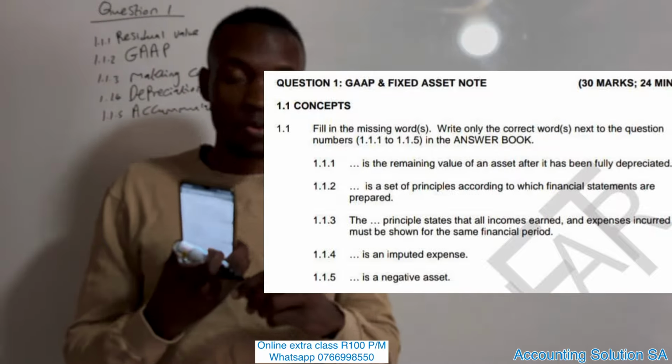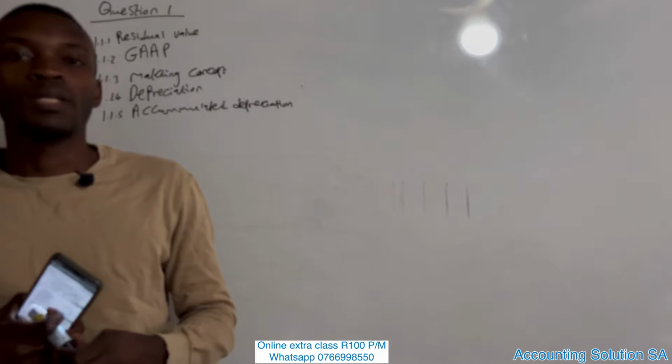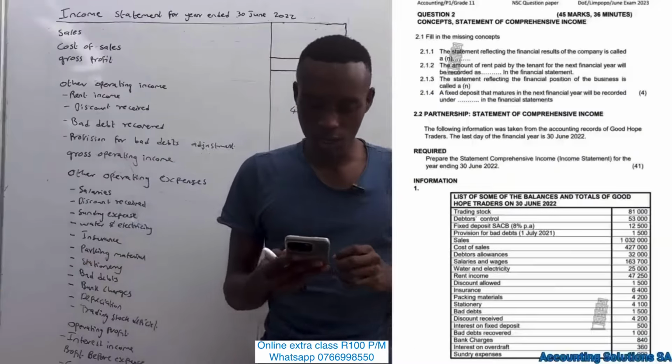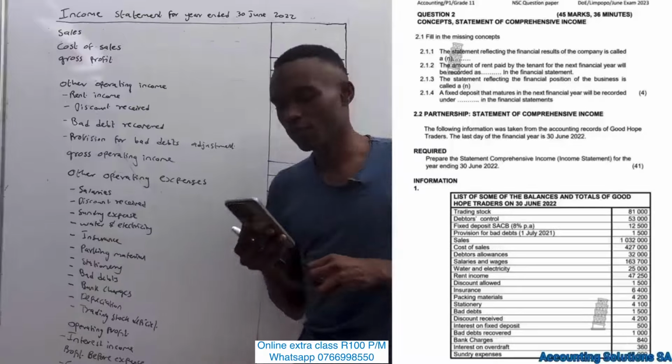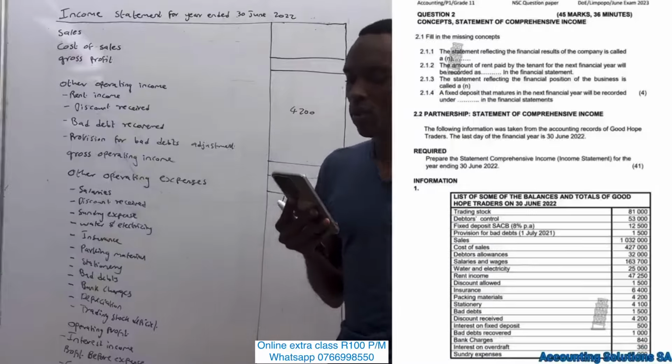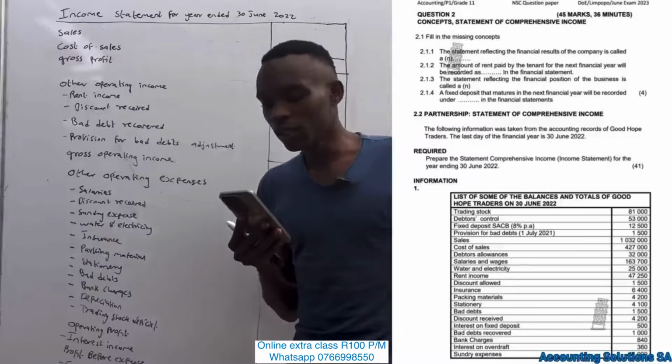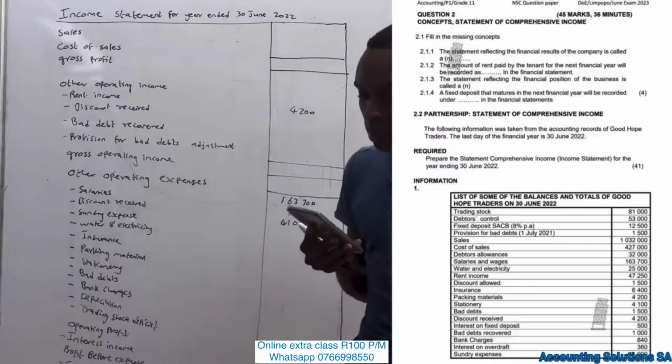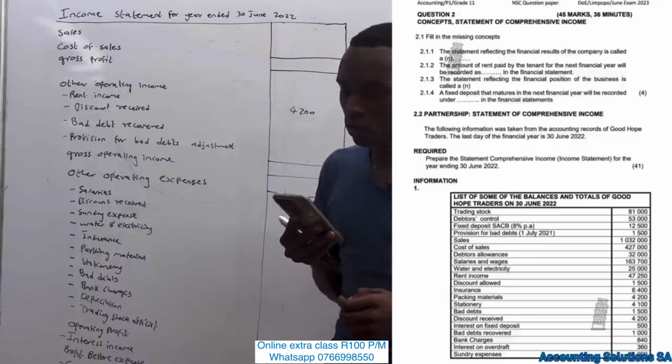Okay, now let's go to the next question. Let's check the question paper that we have. The required part, they said, prepare the statement of comprehensive income, which is also known as income statement, for the year ending 30 June 2022.